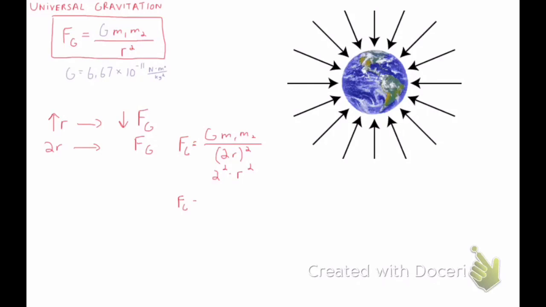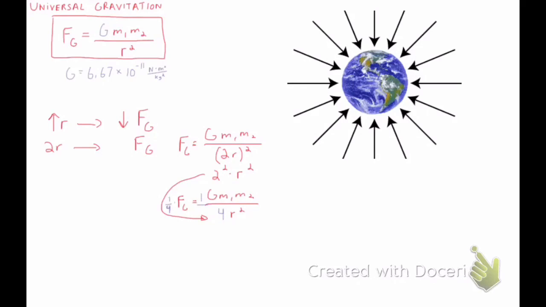If we have Fg equal to G m1 m2 over 2r squared, we can say that this is r squared, and we just said that there's a 2 there. So this 2, I'll draw an arrow where it comes here, becomes, in a different color, 4. So we have 4r squared. But really, we can think of this as 1 over 4. So since we multiplied a 1/4 to the right-hand side of the equation, we must, to keep it equal, multiply a 1/4 to the left-hand side of the equation, like so.